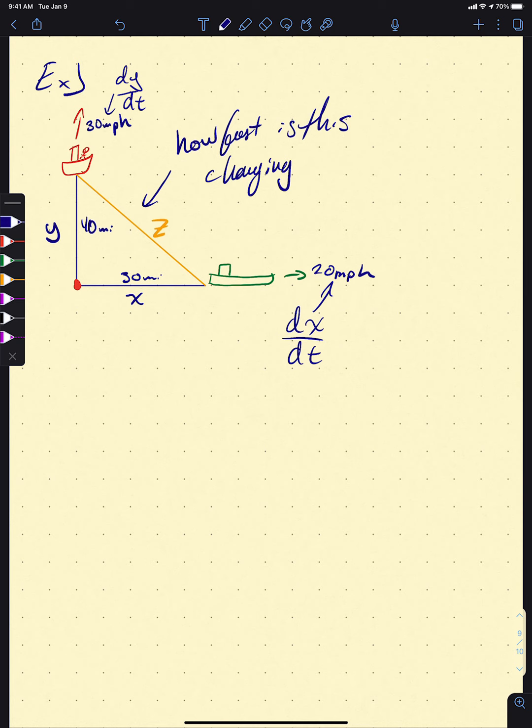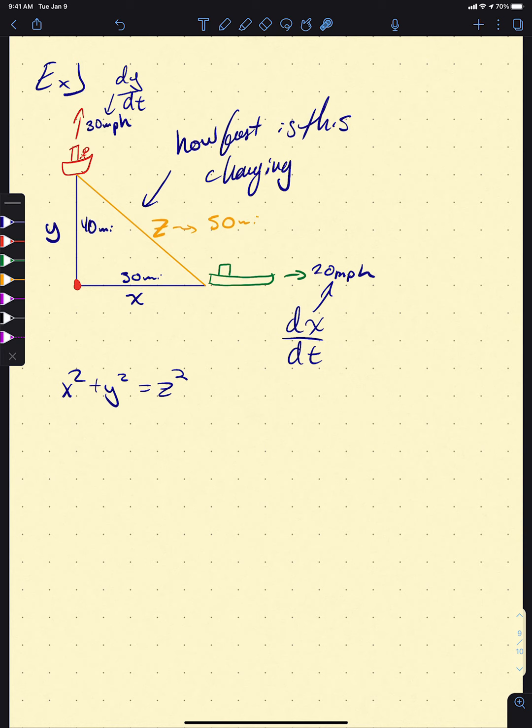And here's the other thing we know: that x squared plus y squared equals z squared. Good old-fashioned Pythagoras. This allows us, of course, to solve for z at this given time. You can go through the math. This is going to be 50 miles between them, because this is a 3, 4, 5 triangle.